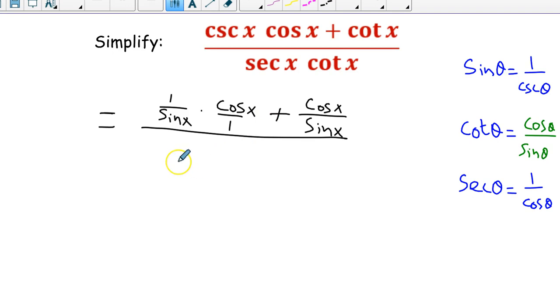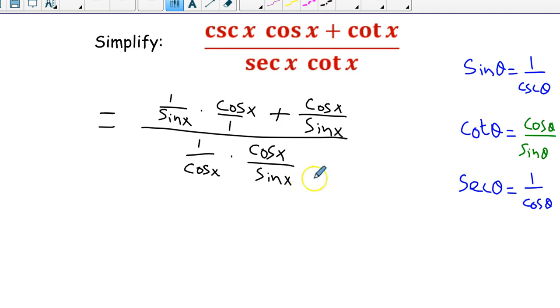Now in the denominator, secant can be rewritten as 1 over cosine x, times this cotangent, which is cosine x over sine x.